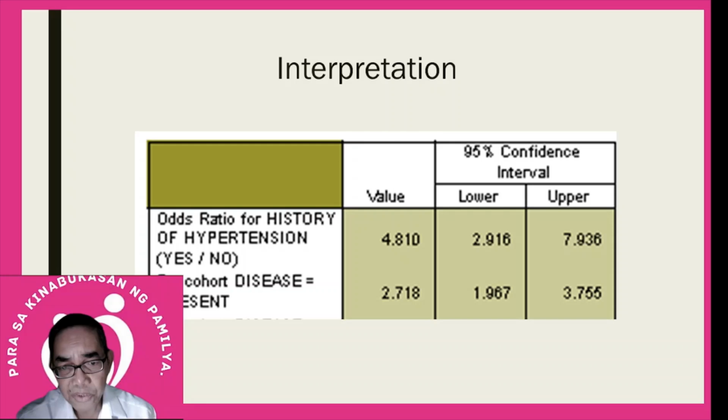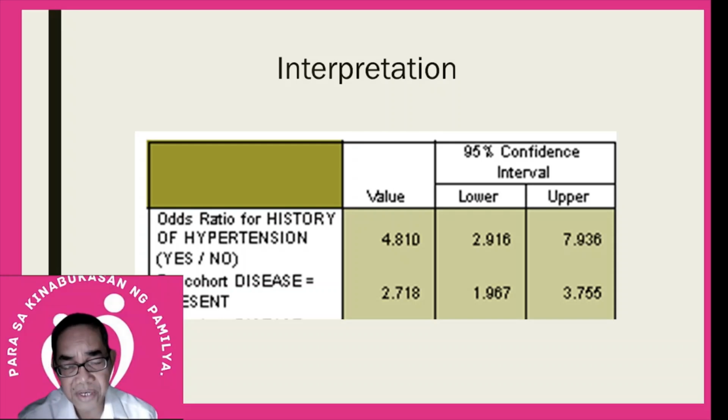Okay, now notice that if the 95% confidence interval both limits exclude 1, then the relationship is statistically significant. So in this particular instance, from 2.9 to 7.9, the range excludes 1, because 1 is here, and 2.9 is already past 1, and so this is statistically significant.